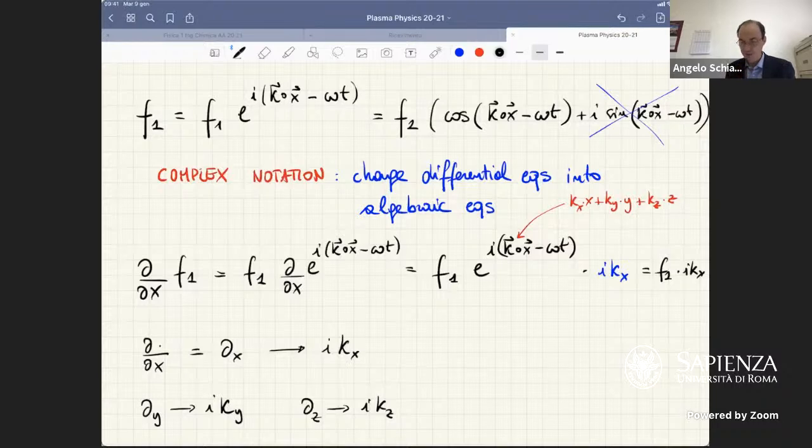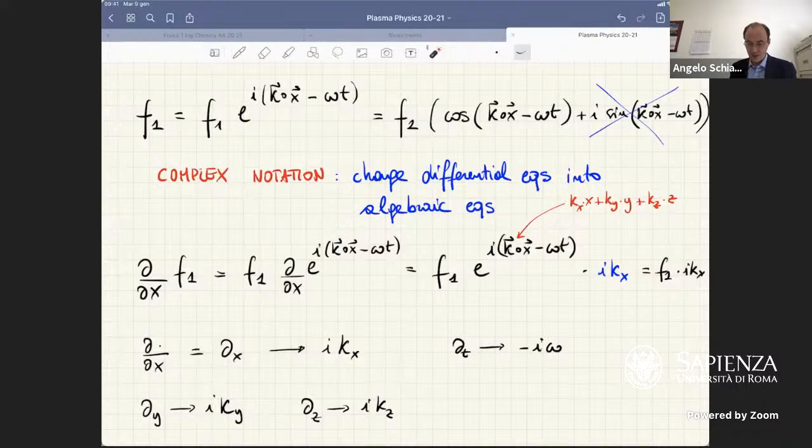If we do the same trick with the time derivative, d over dt, when we differentiate with respect to time we drop a factor of minus i omega. So the derivative with respect to time is equal to multiplying our perturbation by minus i omega.